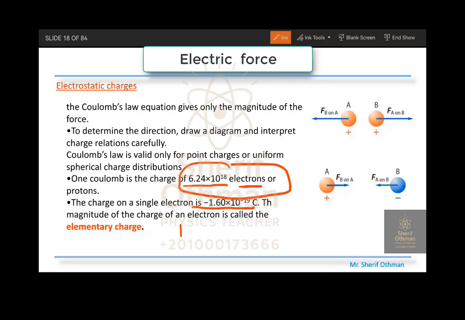So guys, one Coulomb is equal to the charge of 6.24 times 10 to the power 18 electrons or protons. So the charge of one electron is one over this number, in Coulomb, which will be -1.6 times 10 to the power -19 Coulomb.